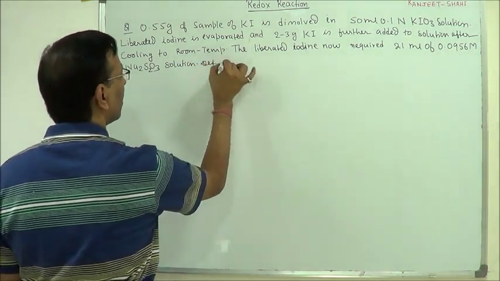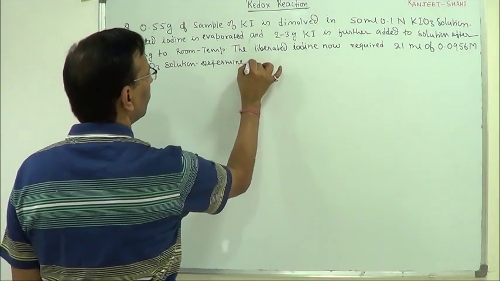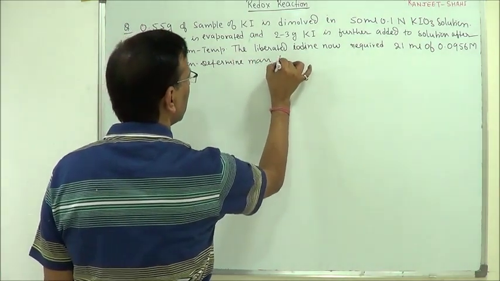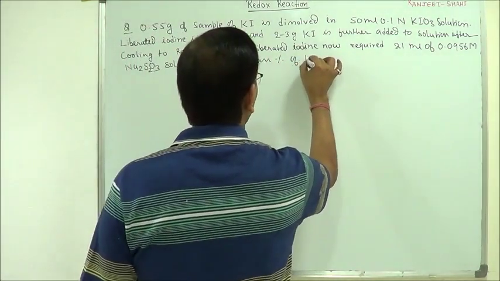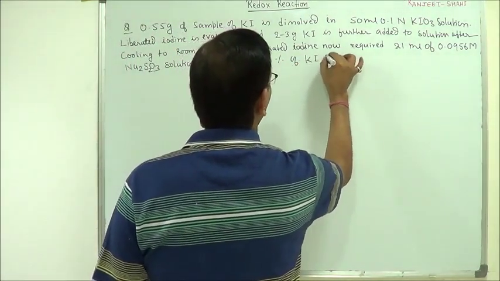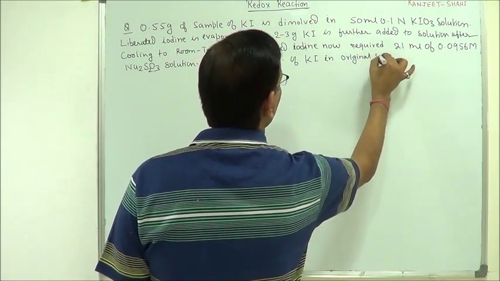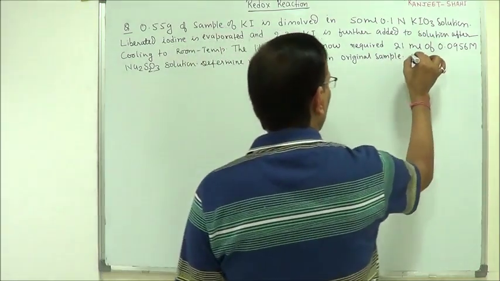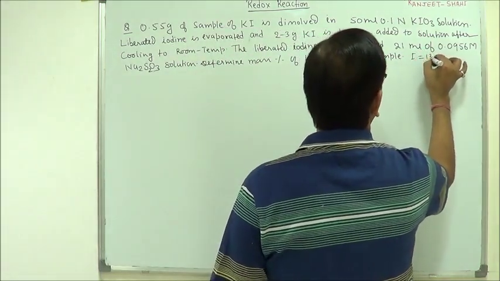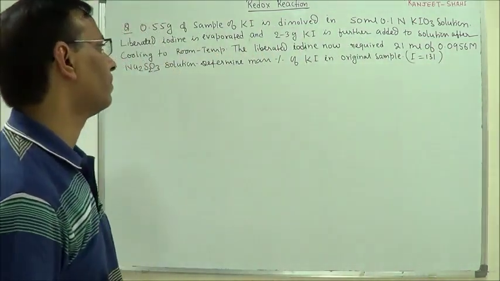Determine mass percentage of KI in original sample. Molar mass of iodine is 131.